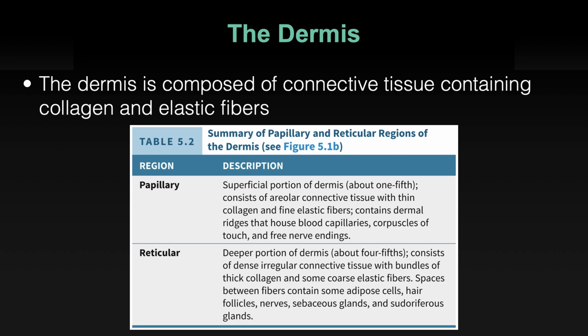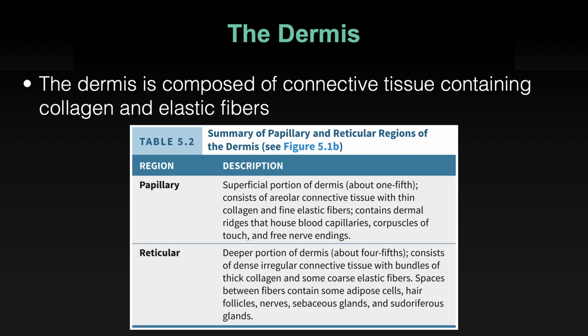This is largely connective tissue. So there's some blood supply that gives substrates to the dermis. There's a lot of connective tissue that provides support and gives skin its shape and resilience and flexibility.